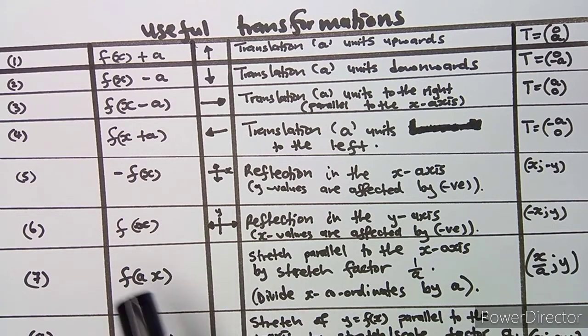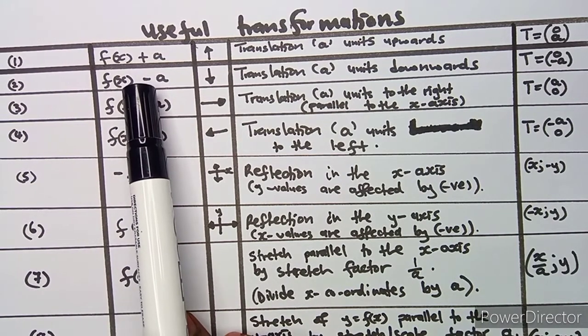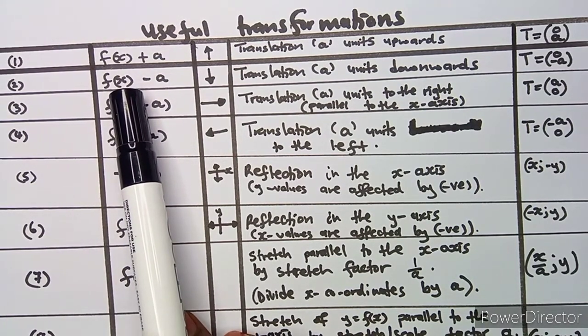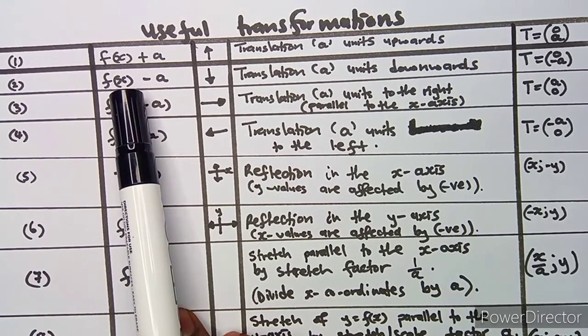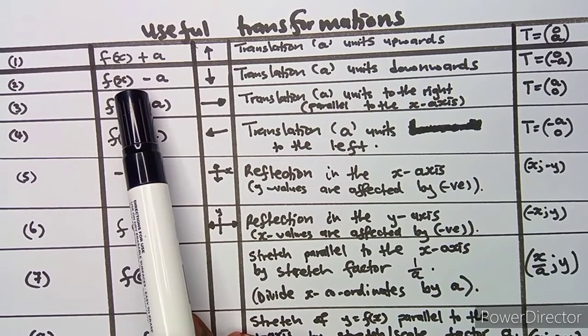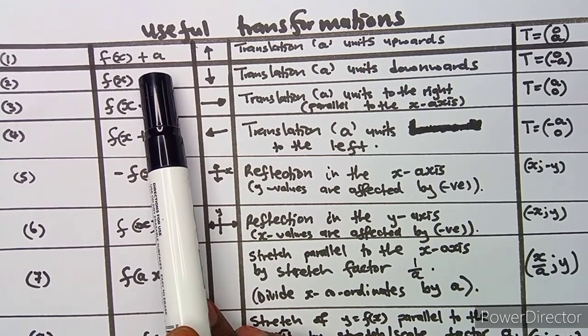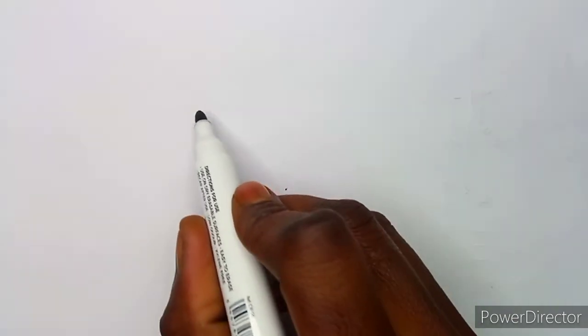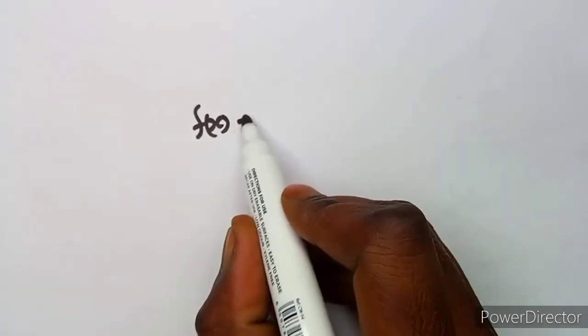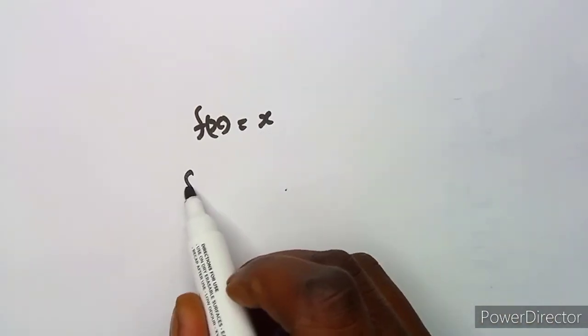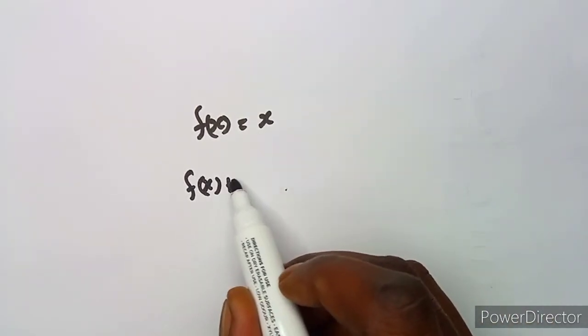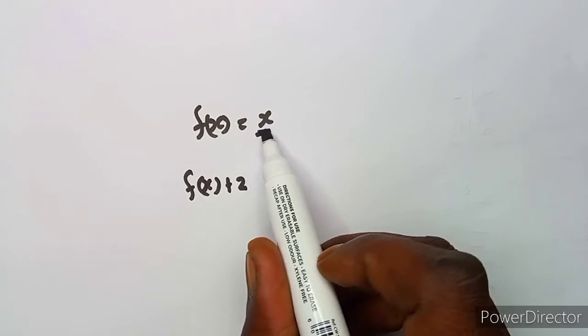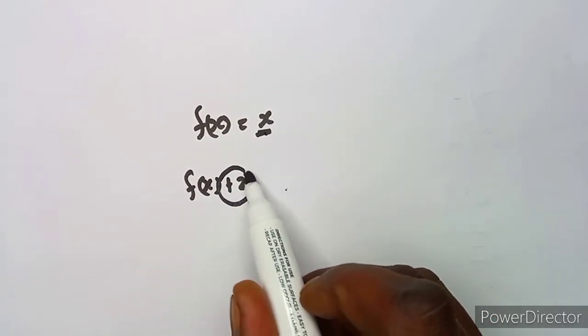Let's say the first part here, where we are given f(x) + a. That is a translation. You are adding to your f(x), where f(x) is the original function. Let's say f(x) is just a function of x, then f(x) + 2 means each and every point is going to move 2 units upwards.